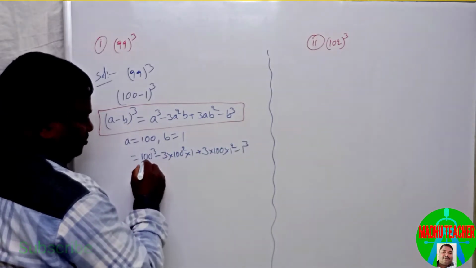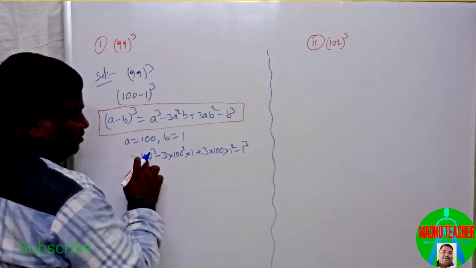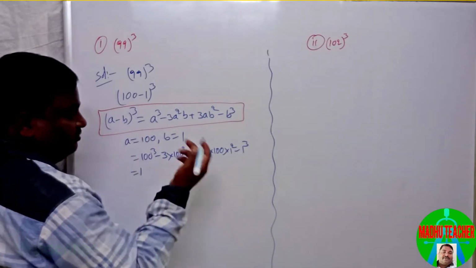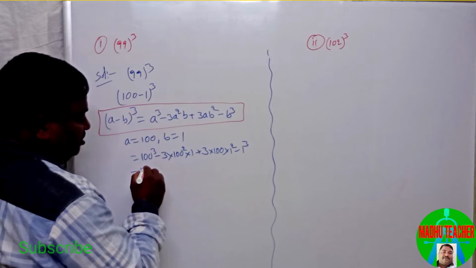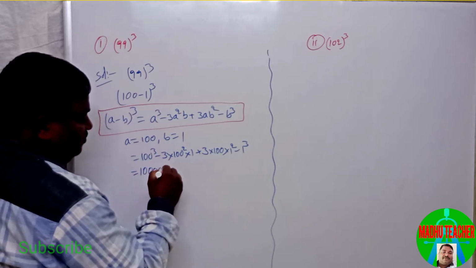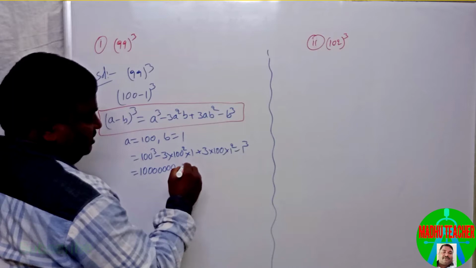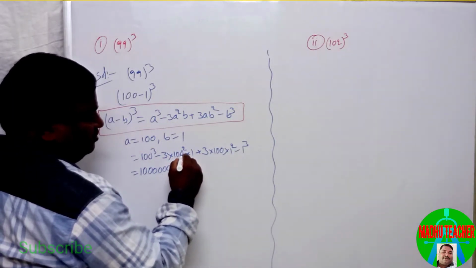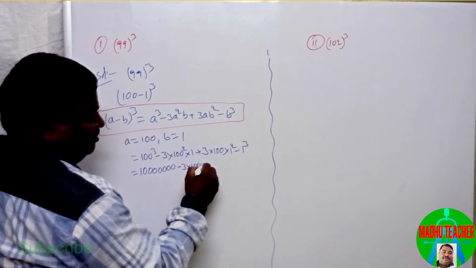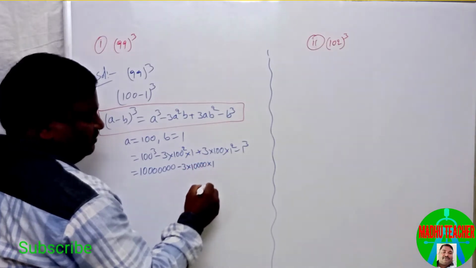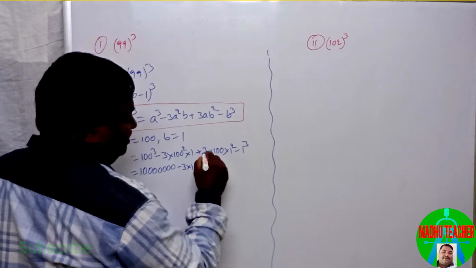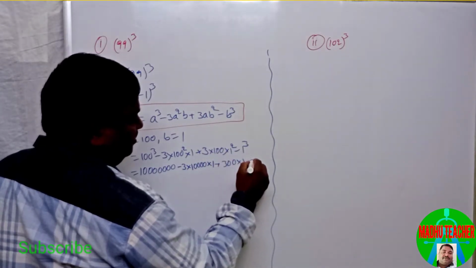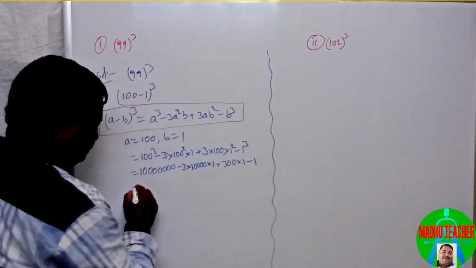100 cube, 1 cube is 1, so triple the number of zeros. We have 2 zeros, it will become 6 zeros: 1 2 3 4 5 6. Minus 3 into 100 square; 1 square is 1, double the zeros, it will become 4 zeros, into 1. Plus 3 into 100, that is 300, into 1 square, which is 1, minus 1 cube, which is 1.